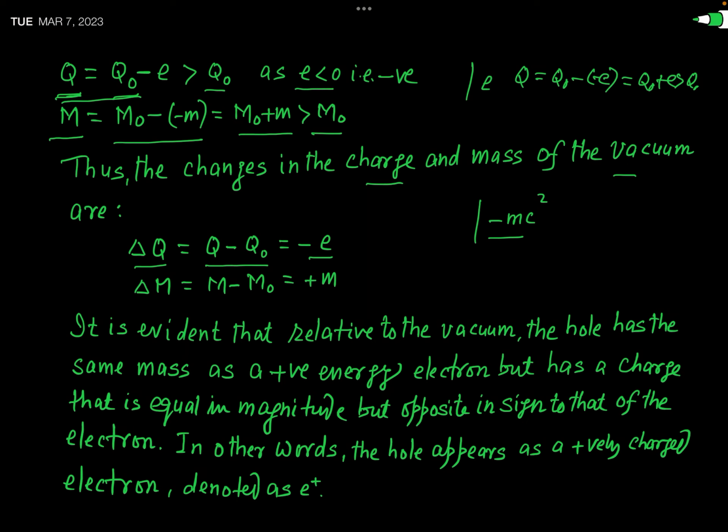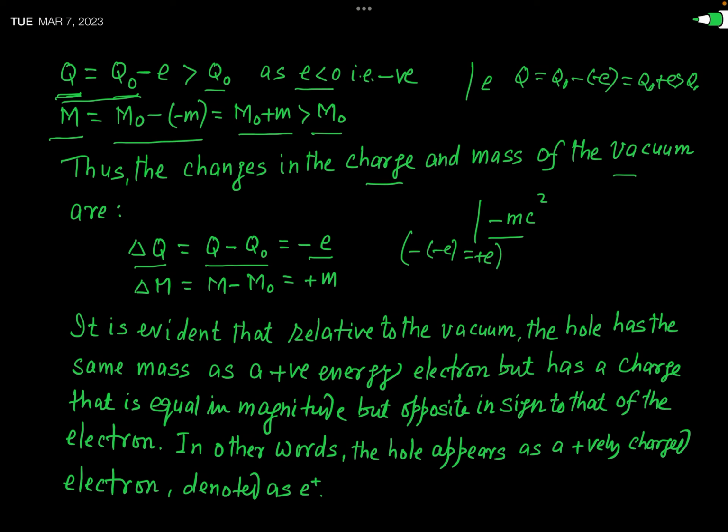But since the electron's charge is negative, this minus and minus e will actually be equal to plus e.